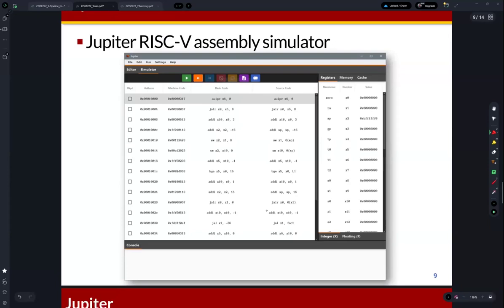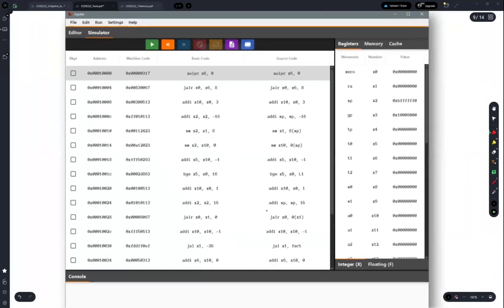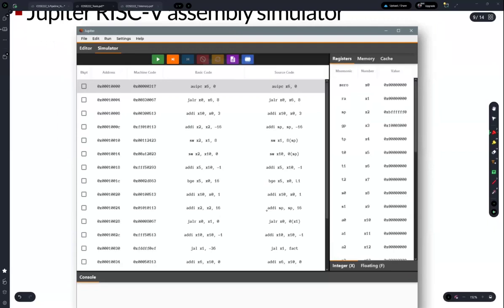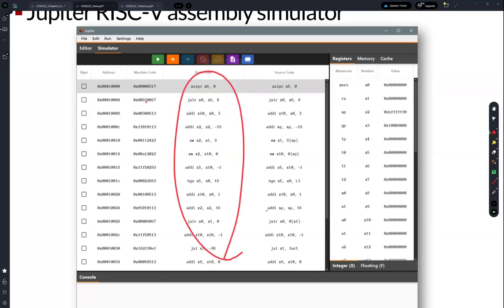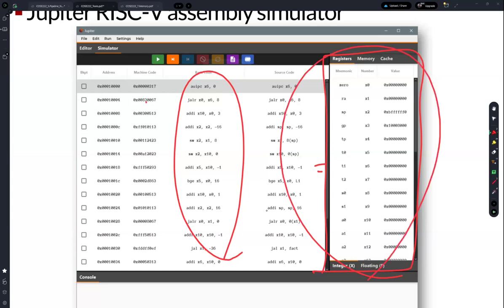This is an example, a screenshot of the Jupyter RISC-V assembly simulator. You can find the machine code here, and the contents of the register file. Based on the RISC-V ISA specification, these simulators just change the register file content, but it's a software data structure.